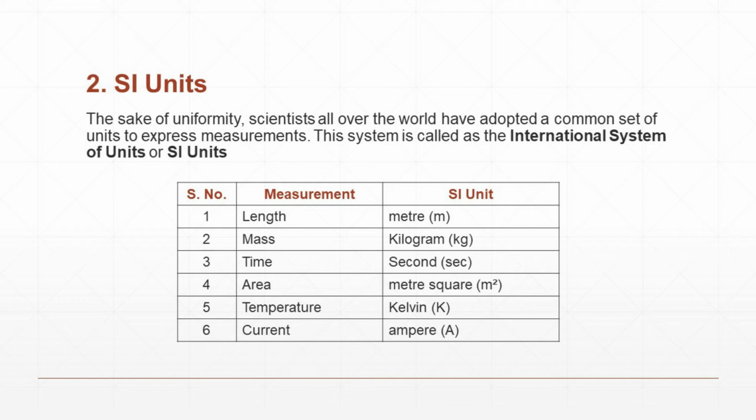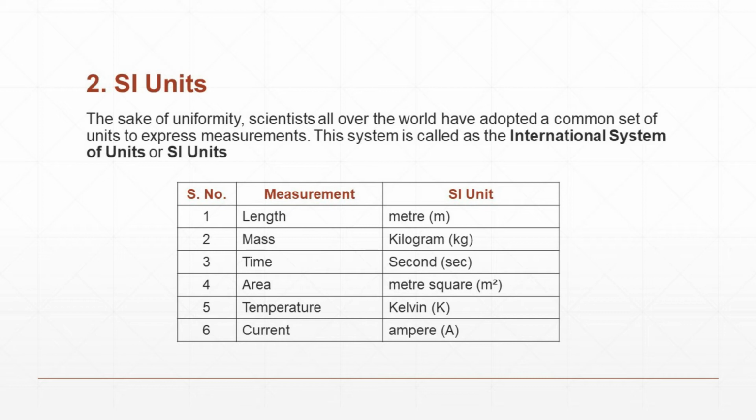So we have to go for a standard measurement. For the sake of uniformity, scientists all over the world have adopted a common set of units to express measurement. This system is called the International System of Units, in short called SI units.